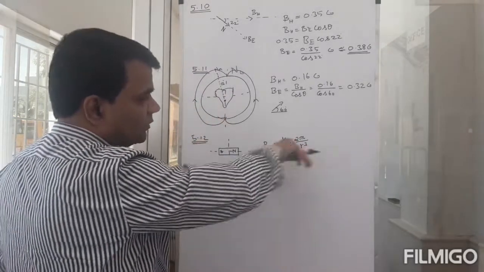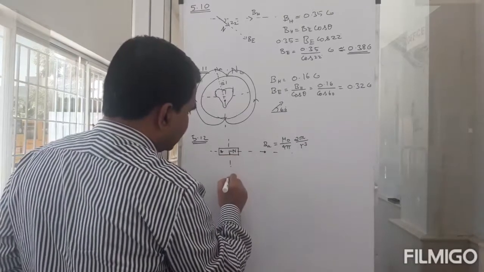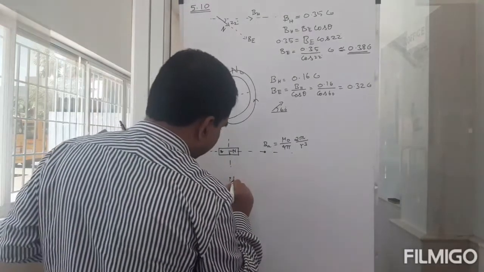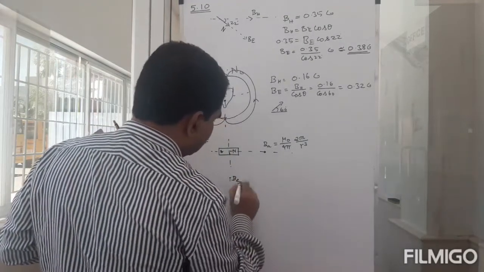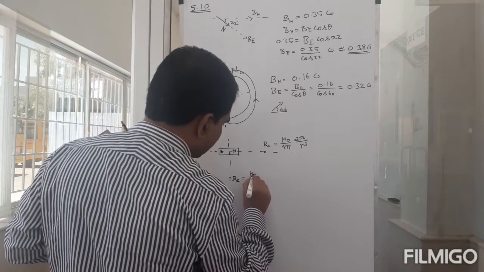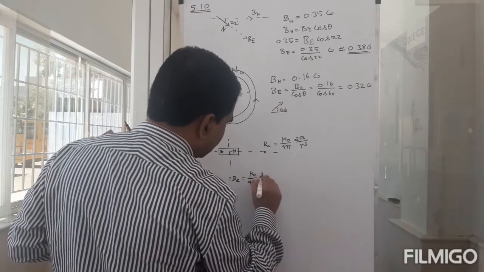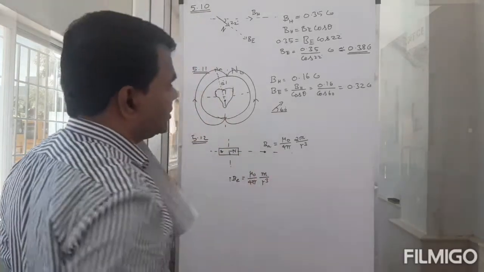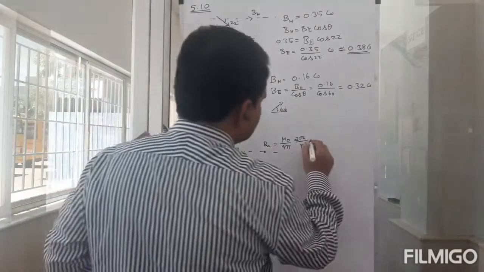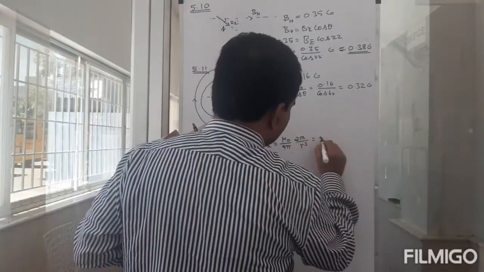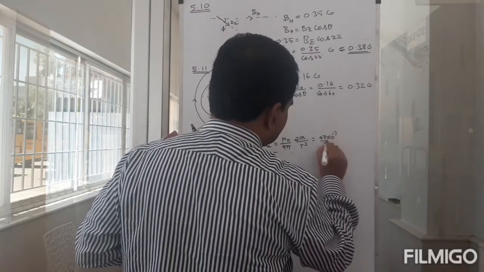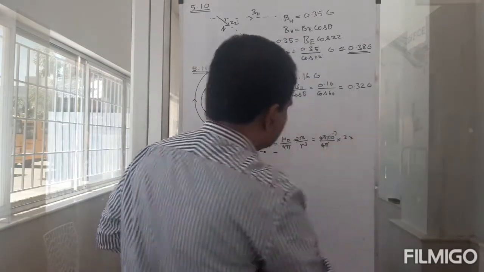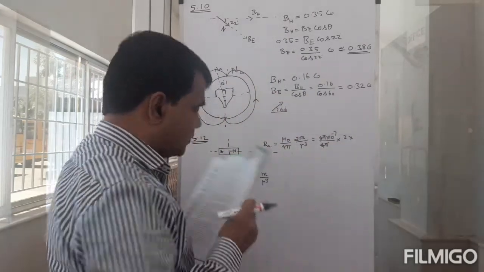And at a point on the equatorial plane, B is equal to mu naught by 4 pi into m by r cube. And that's all there is to it. Just put in the numbers and you get the answer. So what is mu naught? Mu naught is 4 pi into 10 power minus 7 divided by 4 pi. This 4 pi and 4 pi will cancel, and then what is m? The magnetic moment is given to be 0.48.